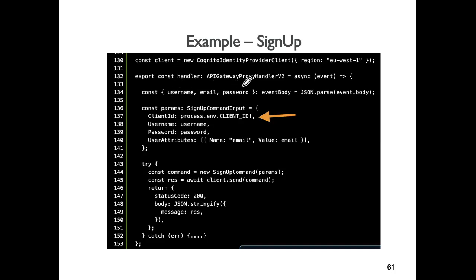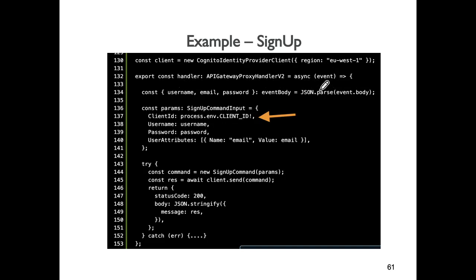In the handler, I'm extracting the body. Now, what I didn't show you, I don't think I showed you anyway, is that in general, when you're sending a post request through API Gateway and forwarding it on to your Lambda, the body of the post request will be included in the event object that's passed on to your Lambda.